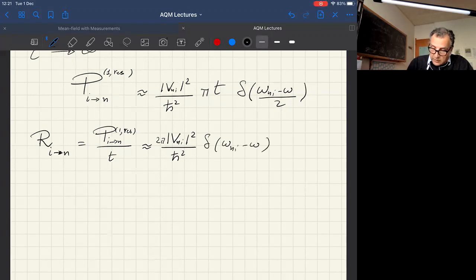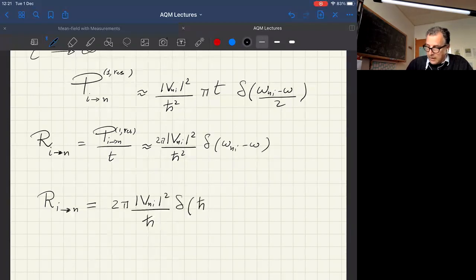If you write in terms of energies, keeping the energies and not the frequency inside the delta function, I just get 2 pi V_NI squared divided by h bar, delta of h bar omega_NI minus h bar omega.